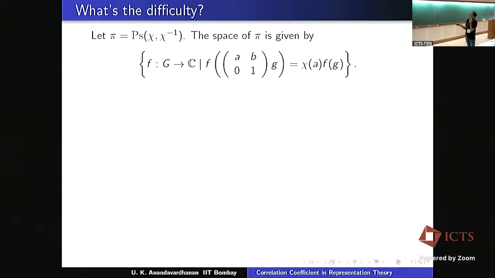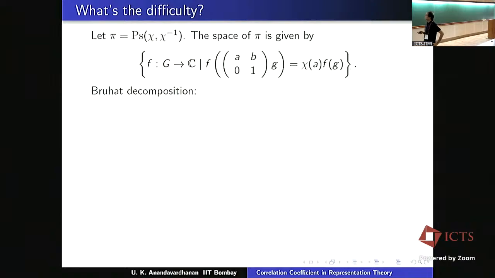The vector space of this representation is given by all functions on G, where G is GL2, with complex values, such that it is induced from the Borel. Because it's chi and chi inverse, I'm taking it for PGL2, so the Borel is this: on (a b; 0 1) g, it is chi(a) f(g), where chi is the character of F_Q star. So this is the space of pi.